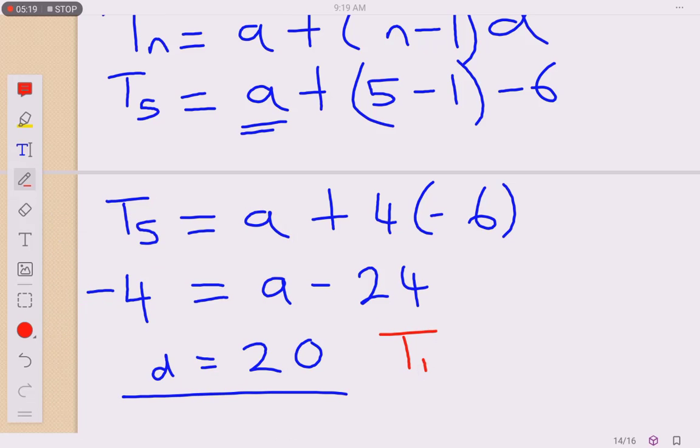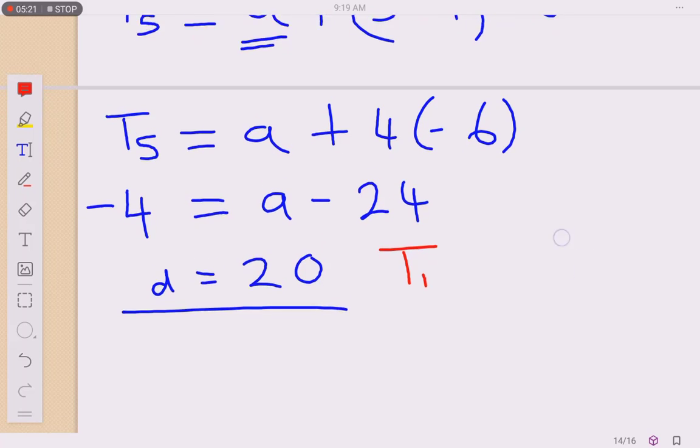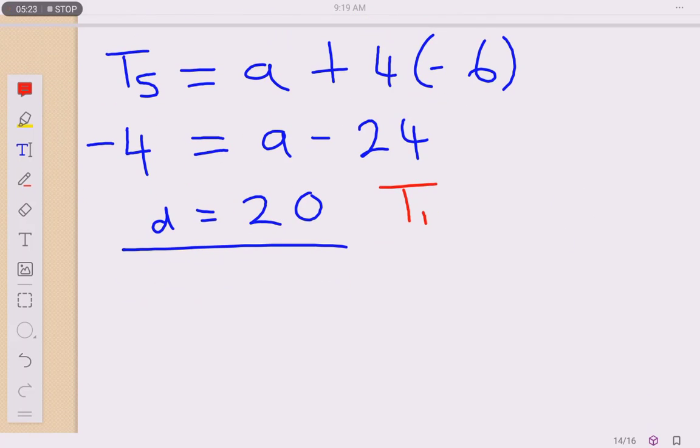So we can do the same for T2. Now that we have the first term, we can even do it for T2. We now all know our A is 20 and our D is minus 6. We can find T2.